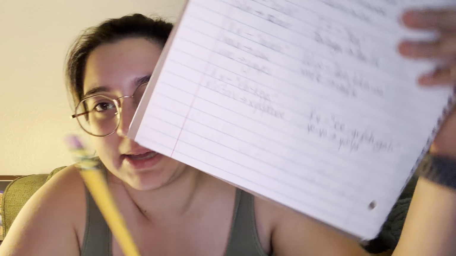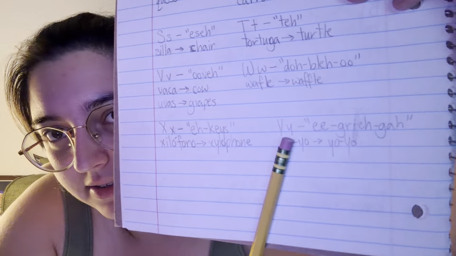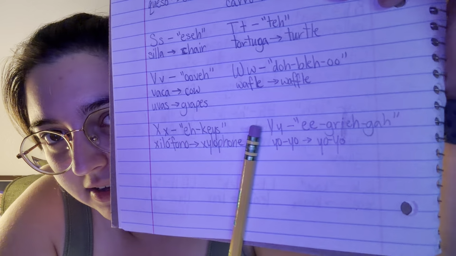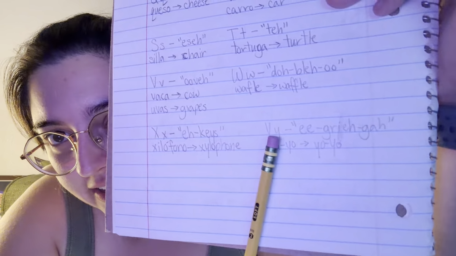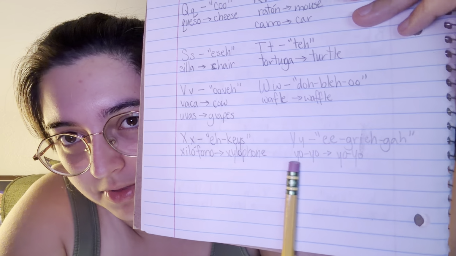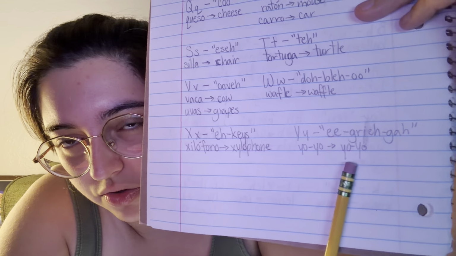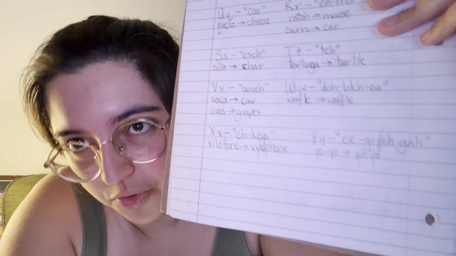So literally the same word. This is another one that you don't really see a whole lot in Spanish, but it does exist. So there's the Y. So yo-yo. It doesn't have too much of a difference from how you pronounce it in Spanish versus English.